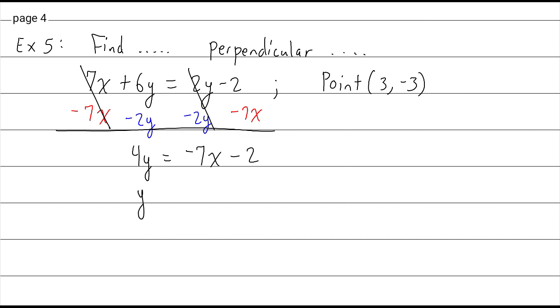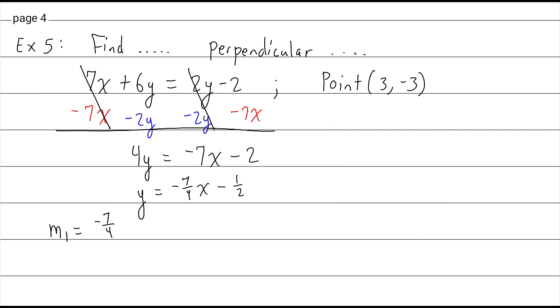Divide that by 4. Divide that one by 4. Divide that one by 4. 2 over 4, of course, is 1/2. I don't care about that constant term, b. I know that the slope of the first line is negative 7 over 4.